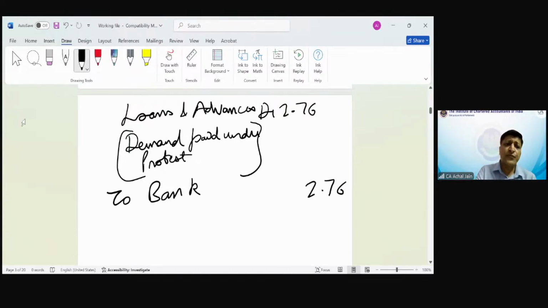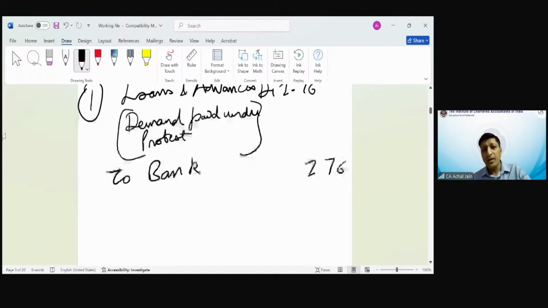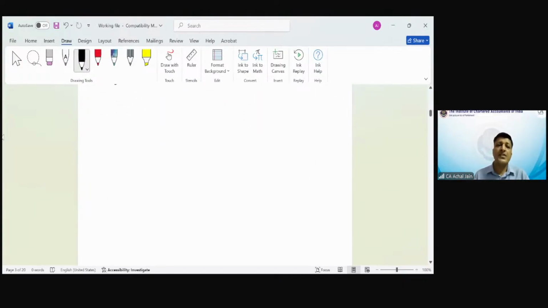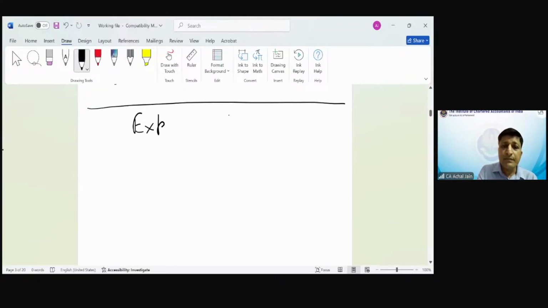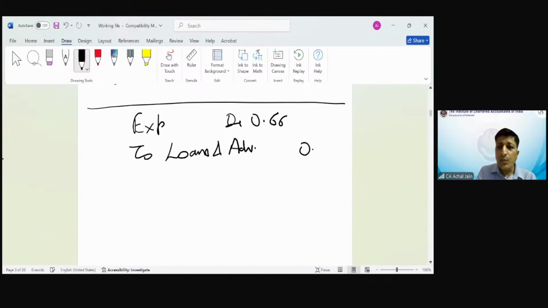This is the accounting entry the company will pass. Now the question arises: should the amount which the company has paid be recorded as an expense? The answer is yes. So out of this 2.76, the company will record an expense of 0.66, and this much amount will be removed from loans and advances, 0.66.